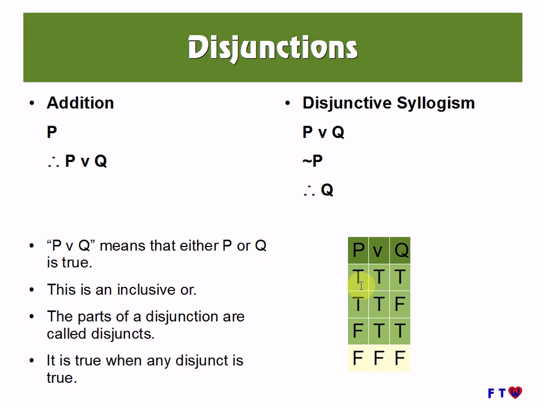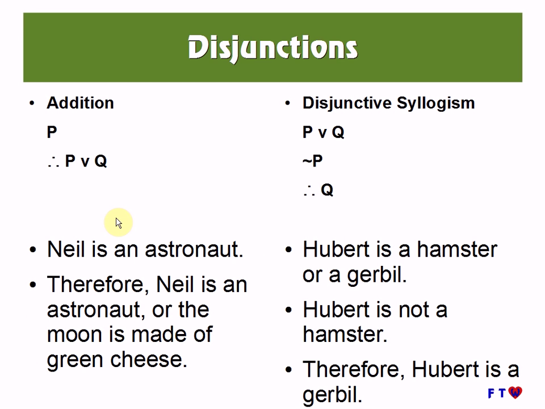Okay, with this in mind, that it's an inclusive or, let's say we have a single premise. We can infer the disjunction of that premise with another proposition. To give an example here, we have Neil is an astronaut. Therefore, Neil is an astronaut, or the moon is made of green cheese.